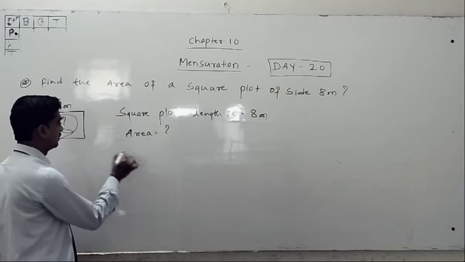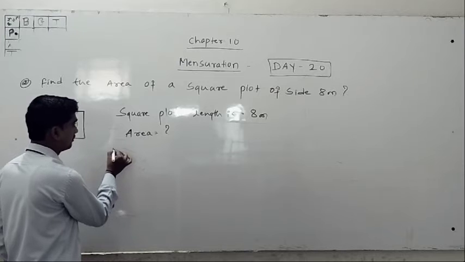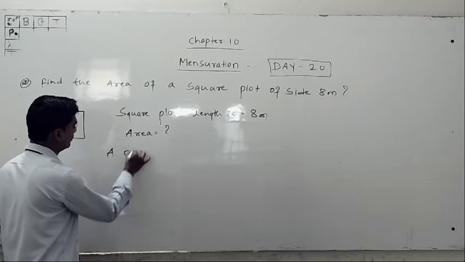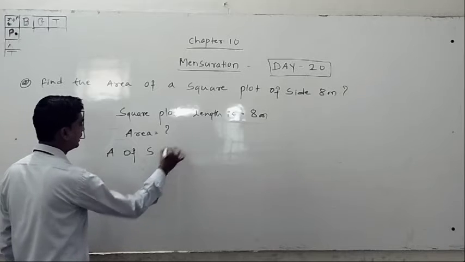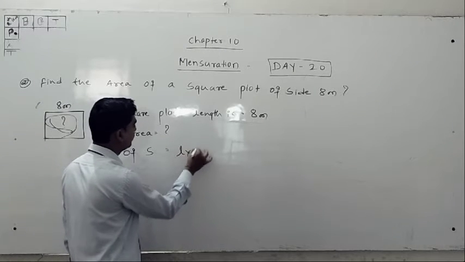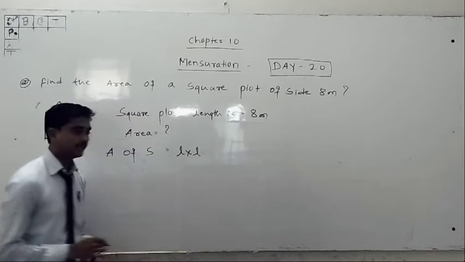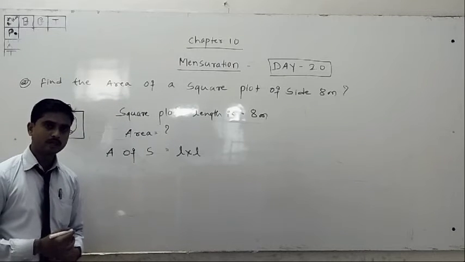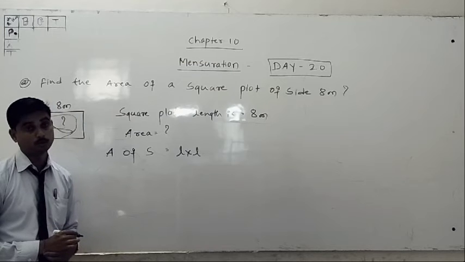Okay. Now the formula: area, A of S, is equal to length into length, because side means the same. Side into side also you can write, length into length also you can write, no problem.